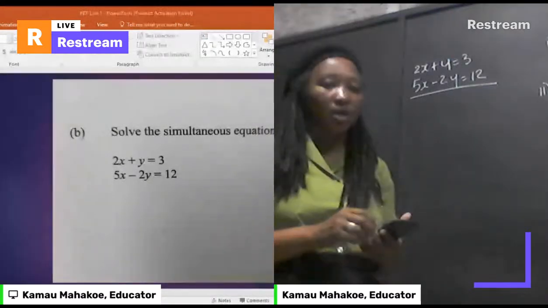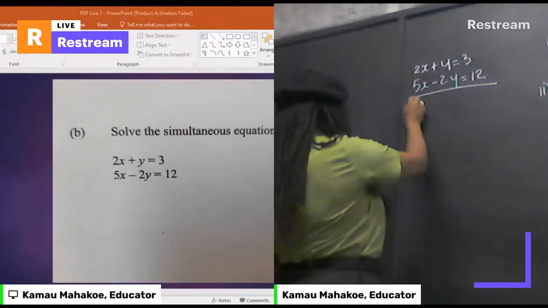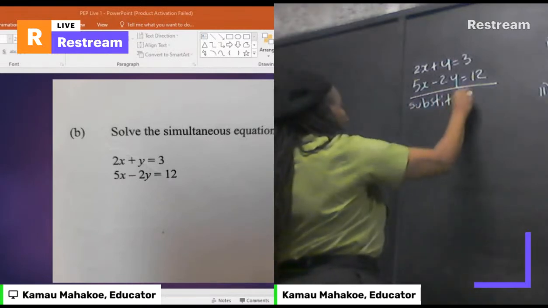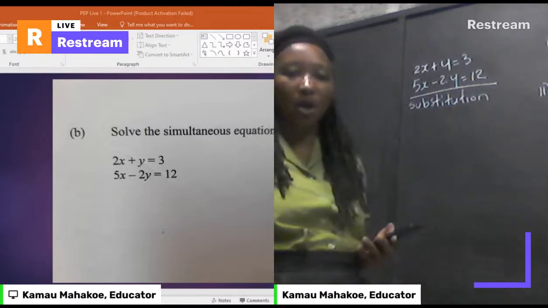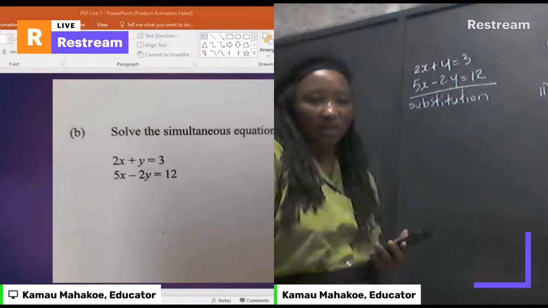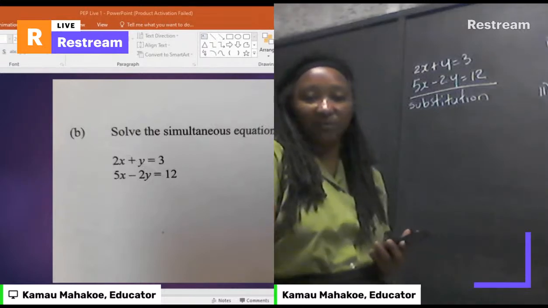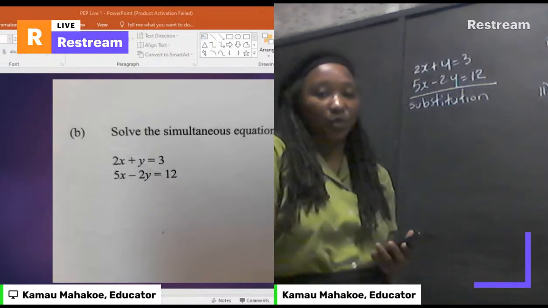So the method I'm going to use first is substitution. In the substitution method, what we do is we make one of the variables the subject of the equation and we substitute it in the other equation. Usually we use a variable that has a coefficient of 1 or -1, which means looking at it you don't see a number, but you should know.